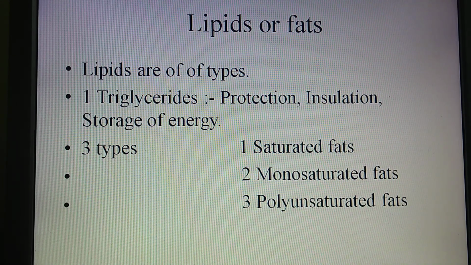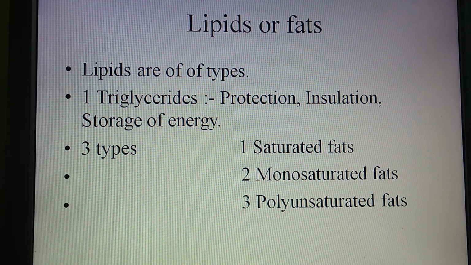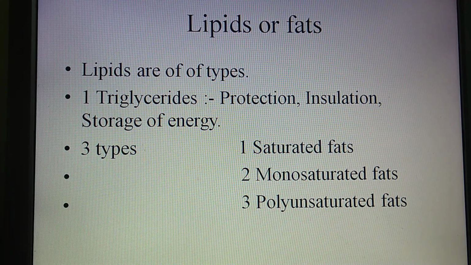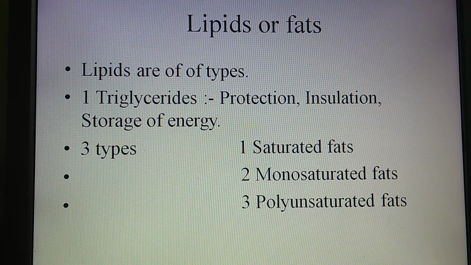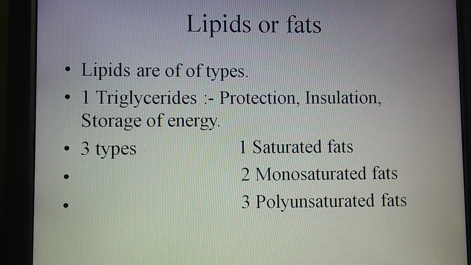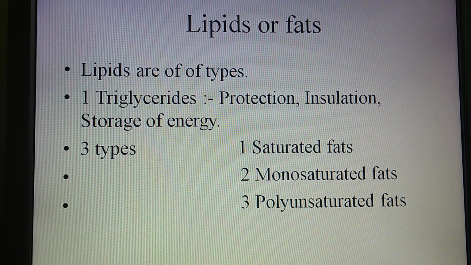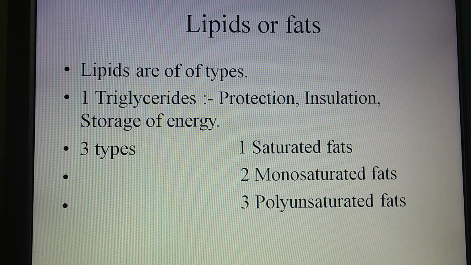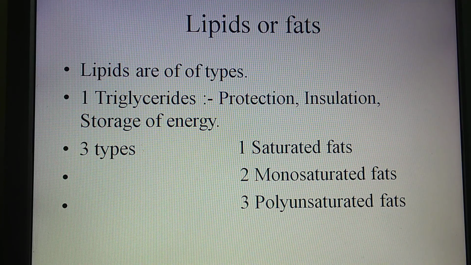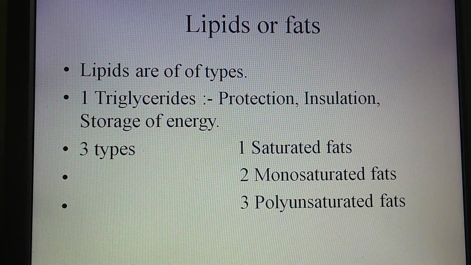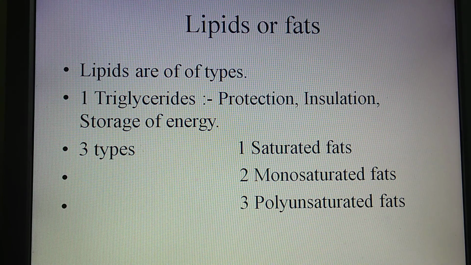Now, regarding triglycerides, the functions of the triglycerides are protection, insulation, and storage of energy. There are 3 types of the fats: saturated fats, monounsaturated fats, polyunsaturated fats, depending on what kind of bond is present inside the molecule.